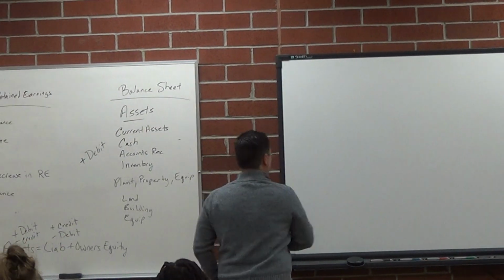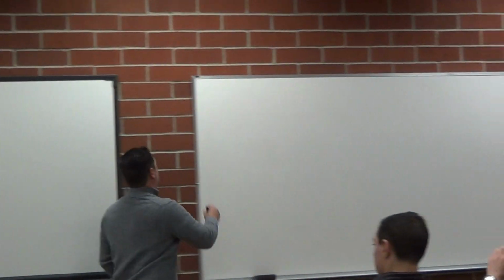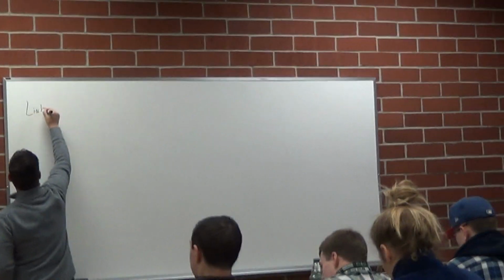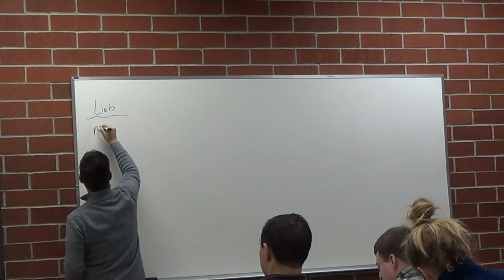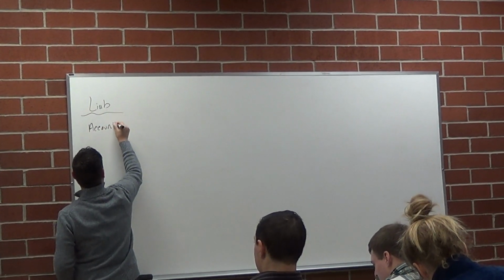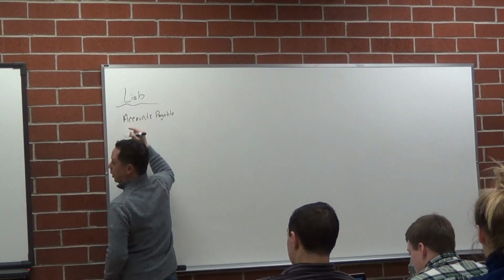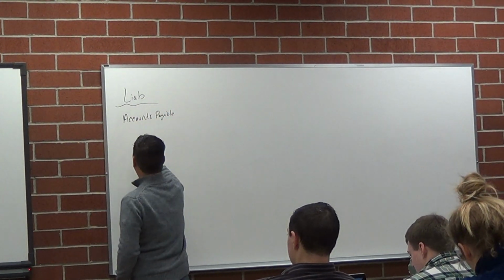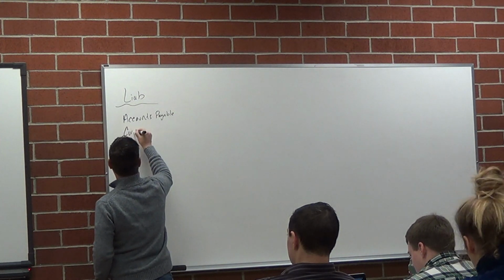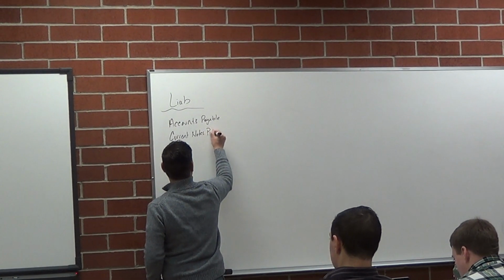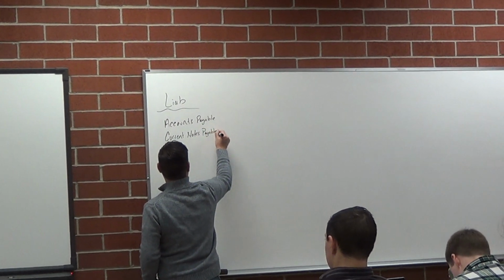All right, we'll move over here and do the liabilities. So liabilities are things that we owe, and it could be accounts payable. Basically, those are things that we may owe in the short term. So these are current liabilities here. It could be the current portion of notes payable, which is a longer term payment schedule we may have for that.